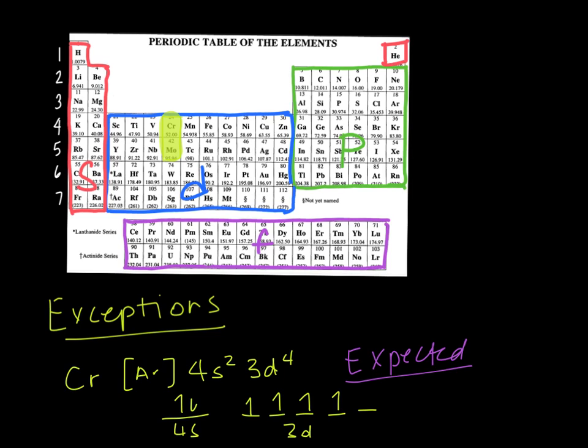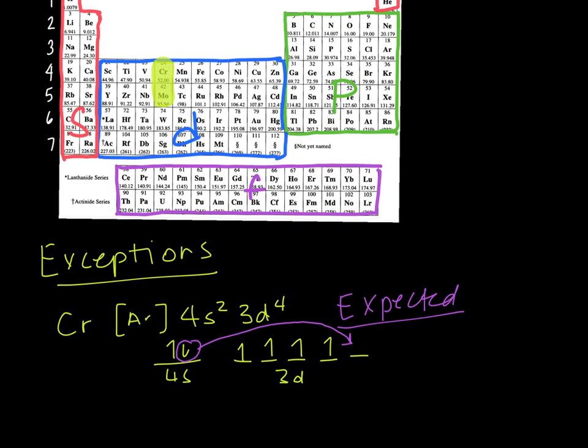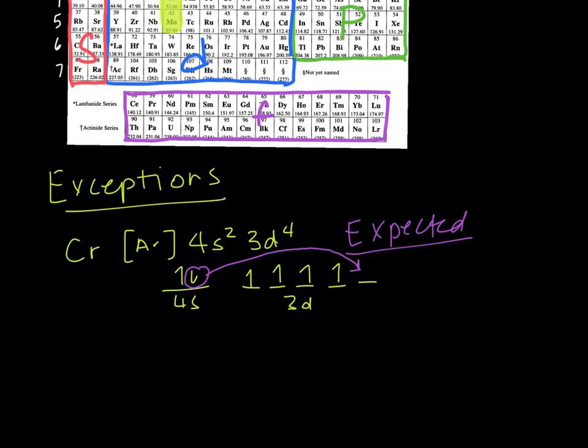So what actually happens is one of these electrons comes up here and fills the 3d orbital instead of being where we would expect it to be. And so what you really get is argon 4s1 3d5.